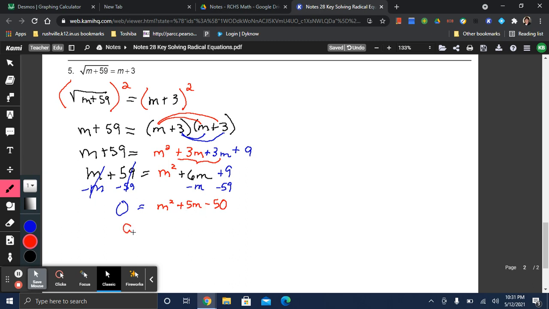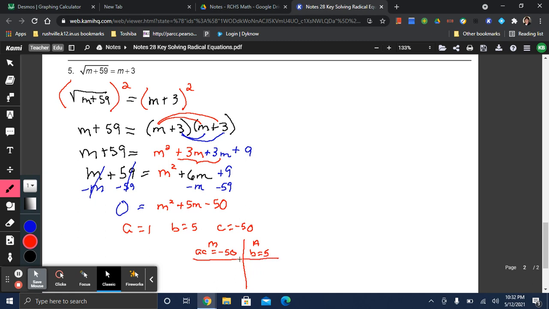So A is 1, B is 5, C is negative 50. So we look for what multiplies to AC, which is negative 50, and what adds to give us B, which is 5.